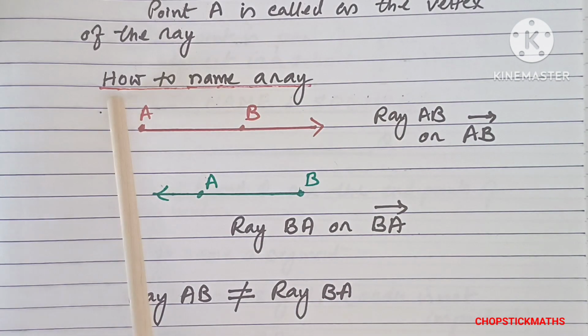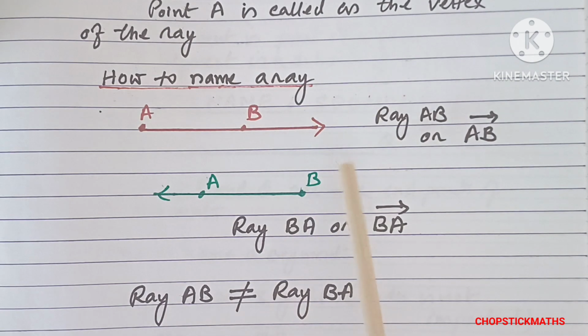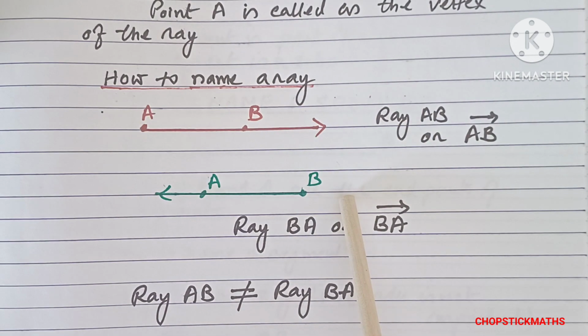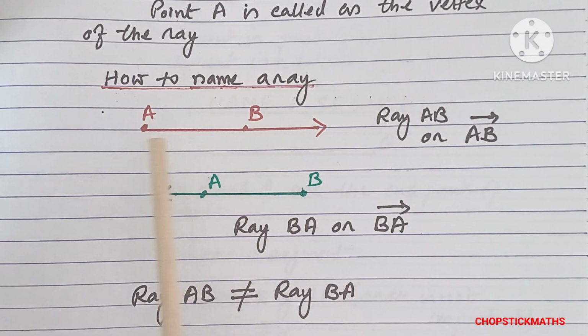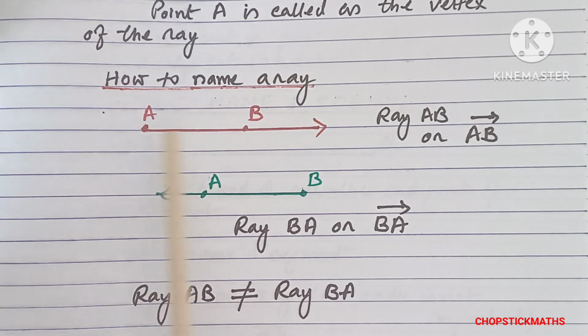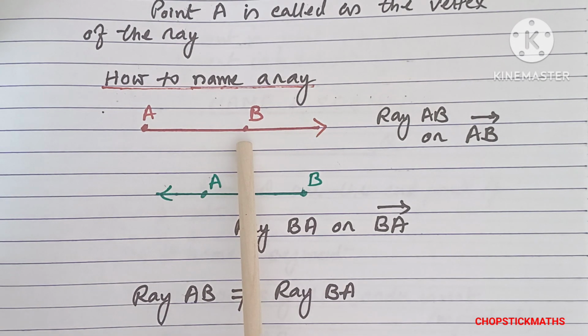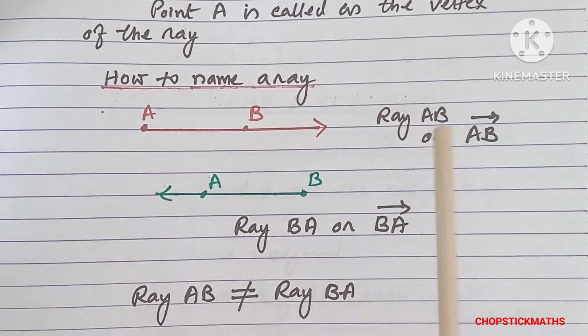So let us now learn how to name a ray. Here we have two rays. While naming a ray, we have to be very careful because the order is very important. If you look at this ray, the vertex is A and B is any other point on the ray, and the ray is extending infinitely in this direction.